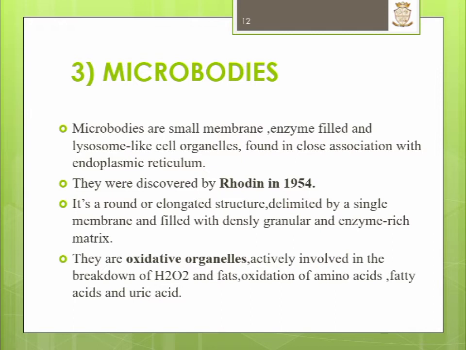It's a round or elongated structure delimited by a single membrane and filled with a densely granular and enzyme-rich matrix. They are oxidative organelles actively involved in the breakdown of hydrogen peroxide and fats, and oxidation of amino acids, fatty acids, and uric acid.